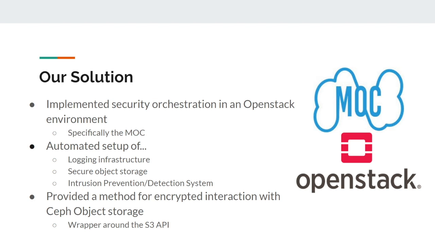We're doing this by creating shell scripts to automate setup of all our logging infrastructure, securing object storage, and a script for an intrusion prevention detection system. We've also provided a method for encrypted interaction for a user with the Ceph object storage, and we've provided a wrapper around the S3 API.